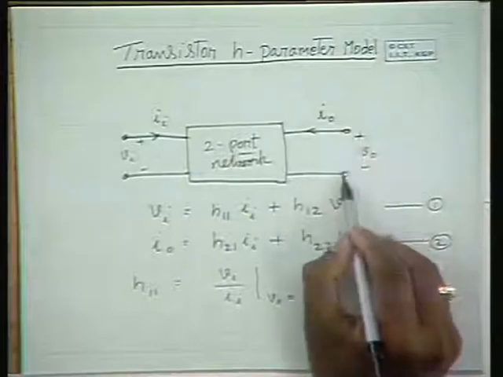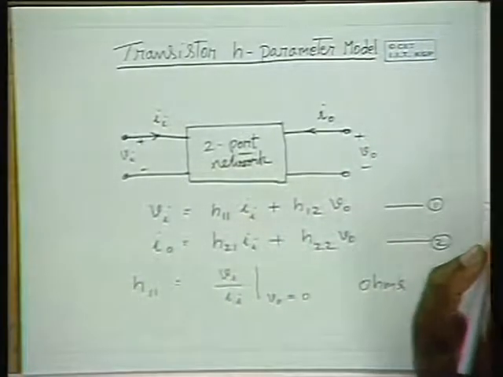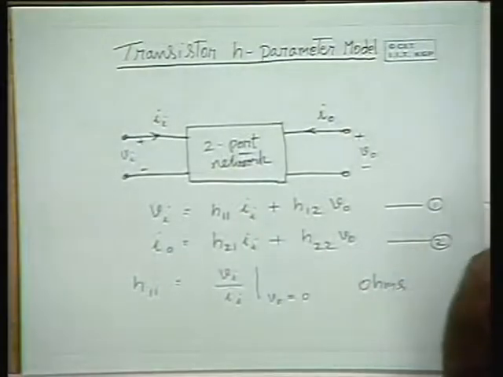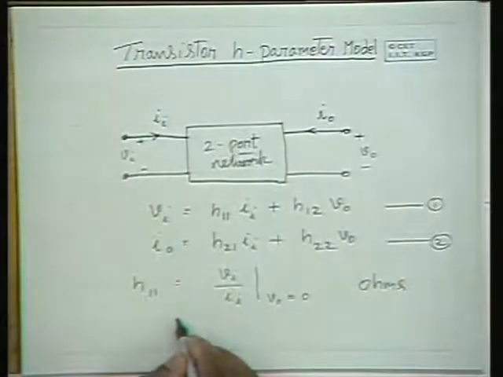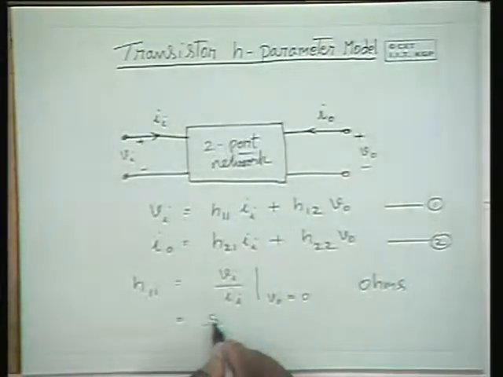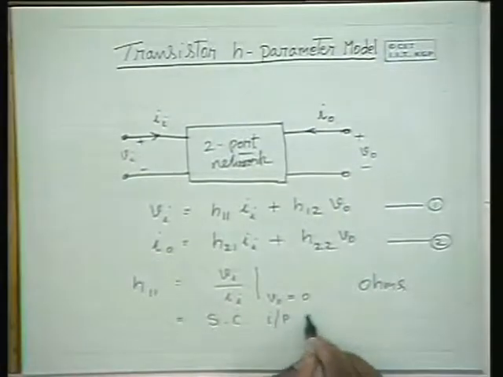No, when this is short circuited, V0 is equal to 0 and H11 is equal to the input impedance. Hence H11 is known as the short circuit input impedance parameter.